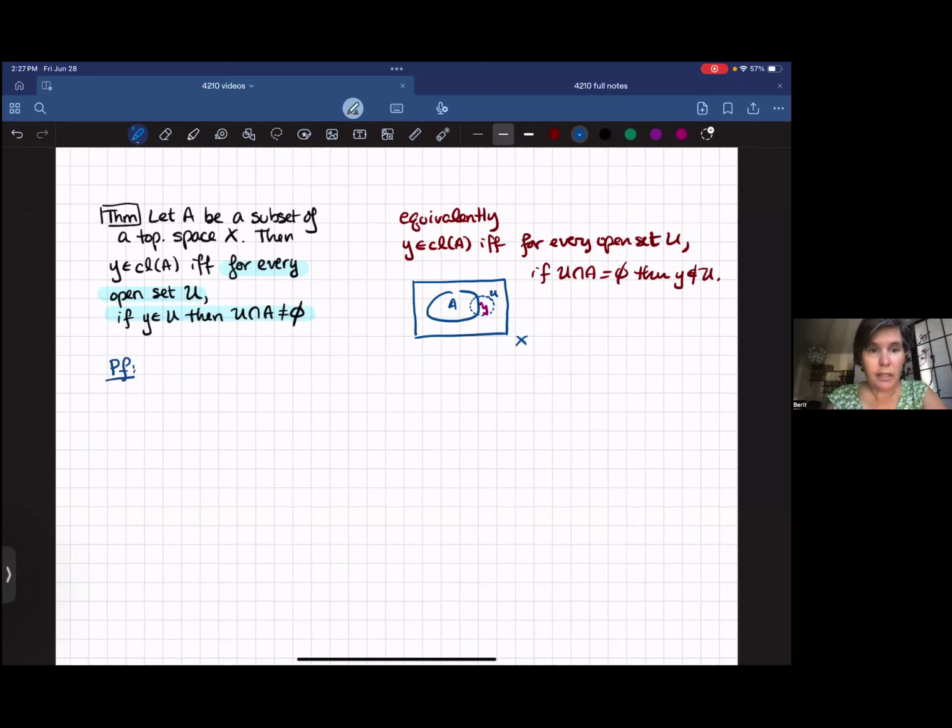Proof. This is an if and only if, so we have to go two directions. Forward direction.